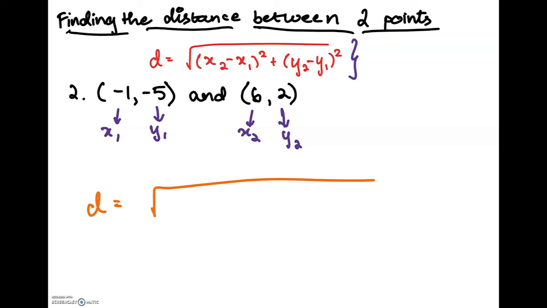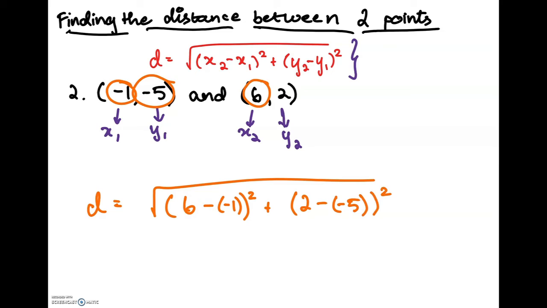So d is equal to the square root of x2, 6, minus negative 1, the whole square. You can see that we have 6 as x2 and negative 1 as our x1, so we're just going to subtract negative 1 and simplify that later on. So plus y2, which is 2, and again, the same thing goes. Since negative 5 is y1, we're going to do minus negative 5, the whole square.